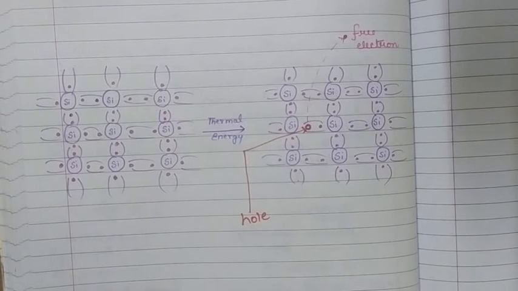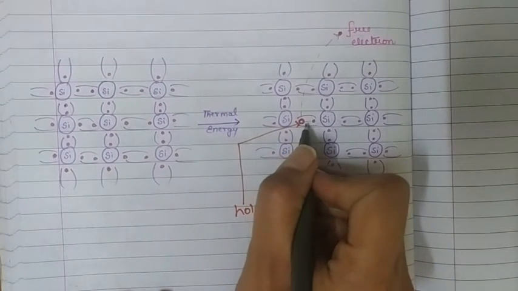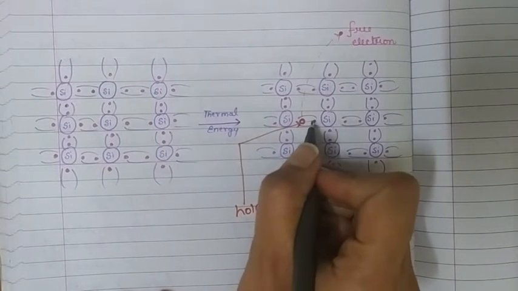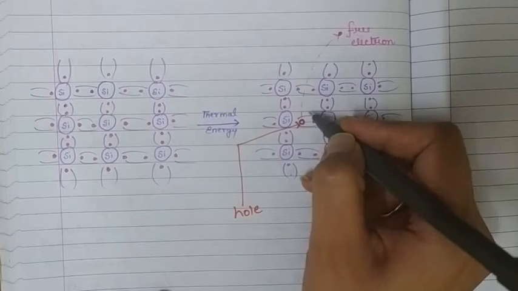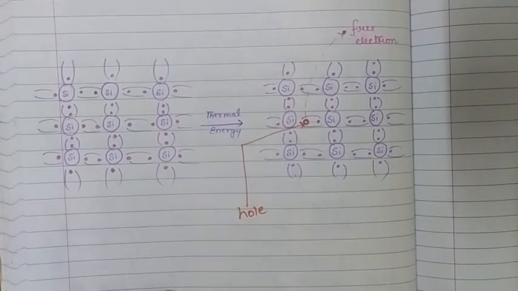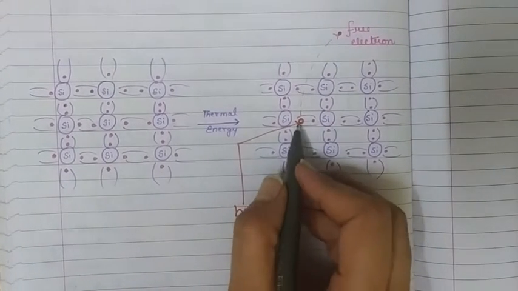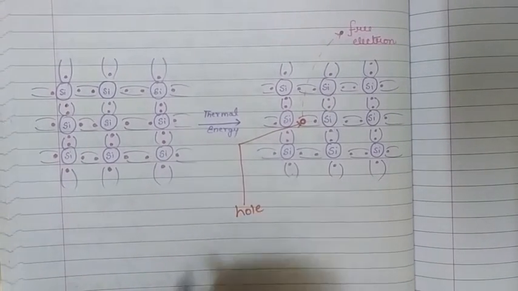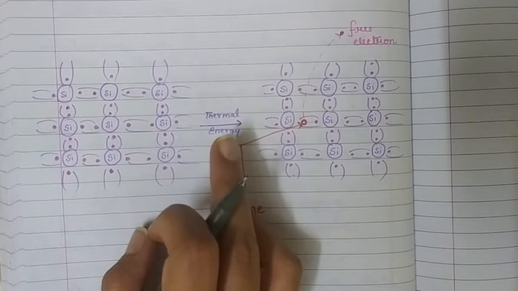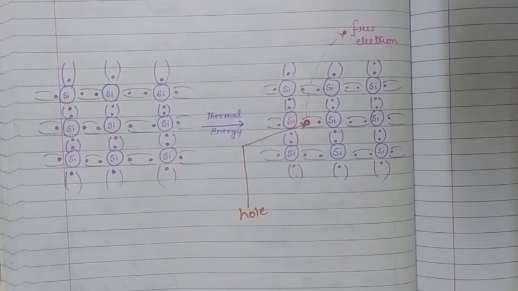Whenever the bond breaks like this, here we have shown the breaking of a bond. Suppose this covalent bond breaks as this electron leaves the lattice. The process of setting free an electron from a covalent bond and creation of this hole is because of the thermal energy, which acts as the ionization energy, Eg, which we have studied as band gap in band theory.